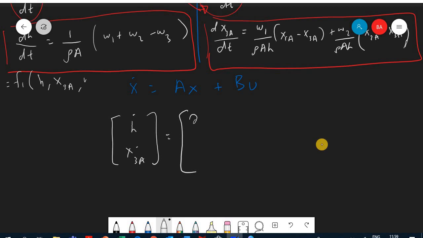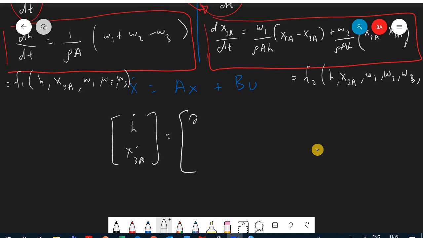What are the input variables? I have w1, w2, and w3. Maybe there is one input variable appearing here that I may forget. So just to make sure, function 2 is a function of all state variables, which in this case are again h and x3a, and all the inputs, which are w1, w2, w3.